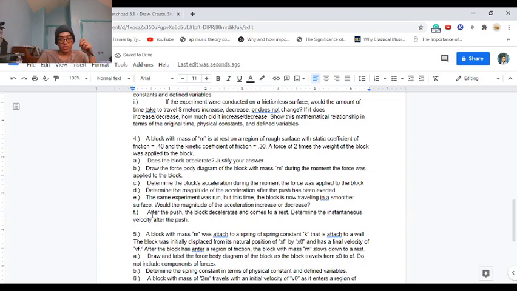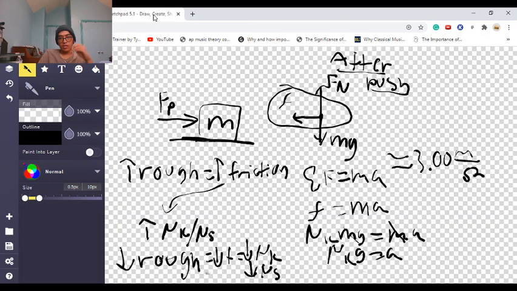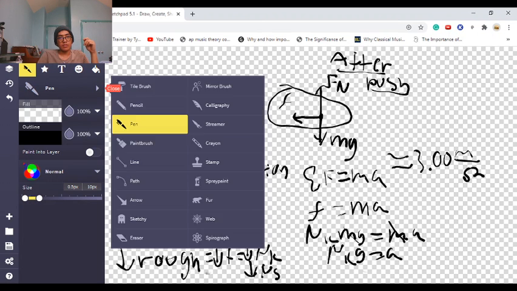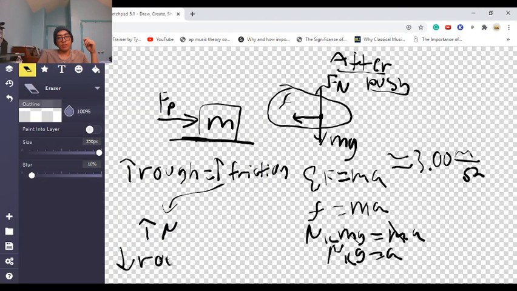So yes, after the push, the block decelerates and comes to rest. Determine the instantaneous velocity after the push. Okay, again, this is just a basic kinematic equation. We are assuming that after the push it decelerates to stop. Remember, our acceleration still remains the same.